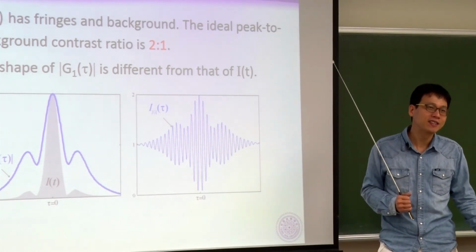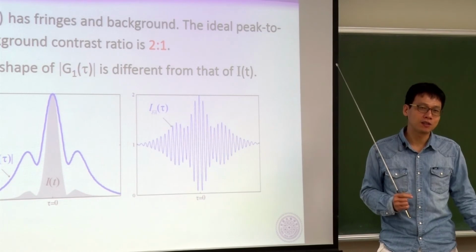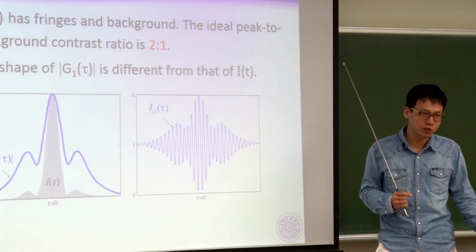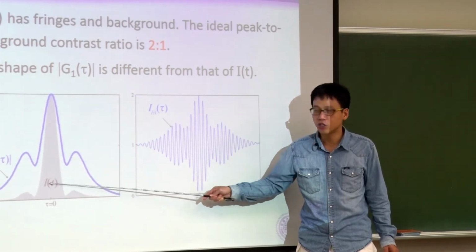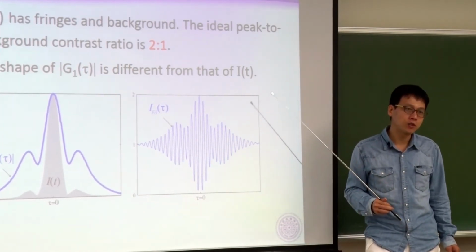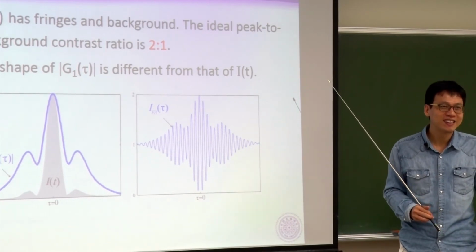They are different. So simply speaking, there is something else to do to really retrieve the shape of I of t. Field autocorrelation measurement is insufficient to do that.